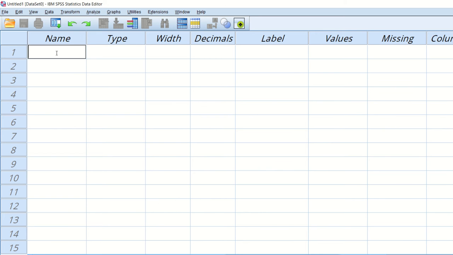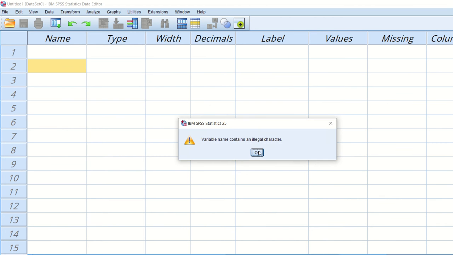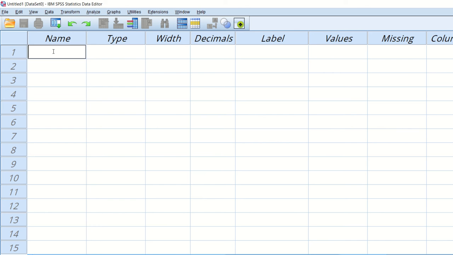Any measurement, for example, let us say number of problem teeth, you cannot write it like this, it is an illegal character. How are you going to write it? This is the first thing that we have learned. In the variable names, you shouldn't have any space in between.